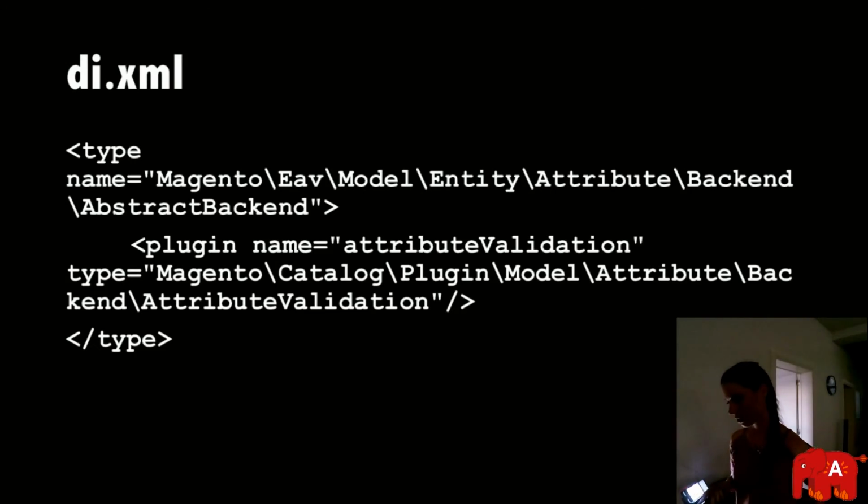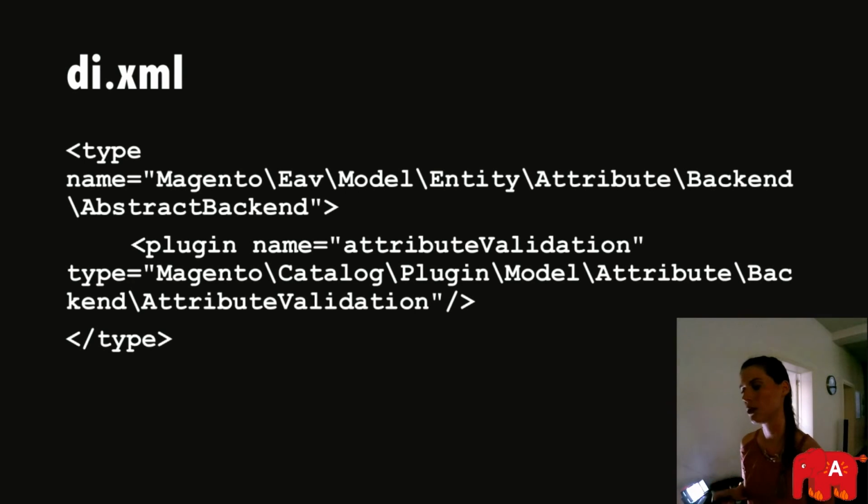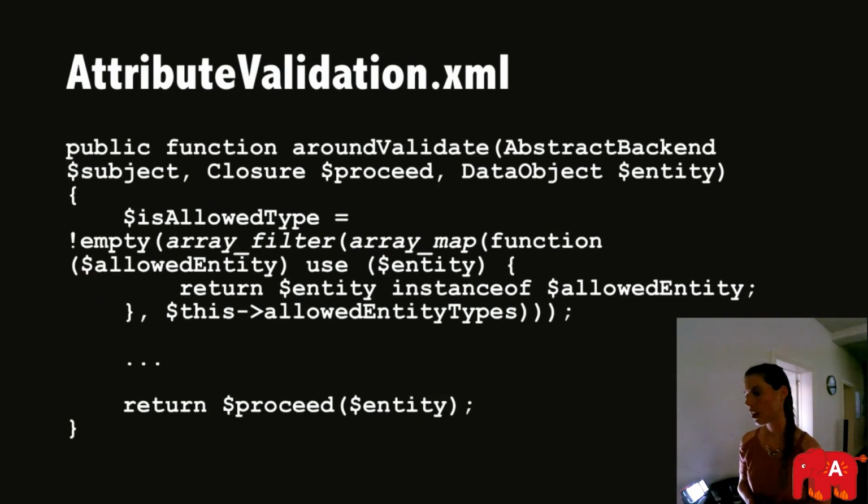A little code example with this, plugins you define also in the DI XML. So again, type, you say which class you want to create a plugin for, then you define your own plugin name. Again, the name should be unique in your Magento instance, and you tell it which class it should use for your plugin.